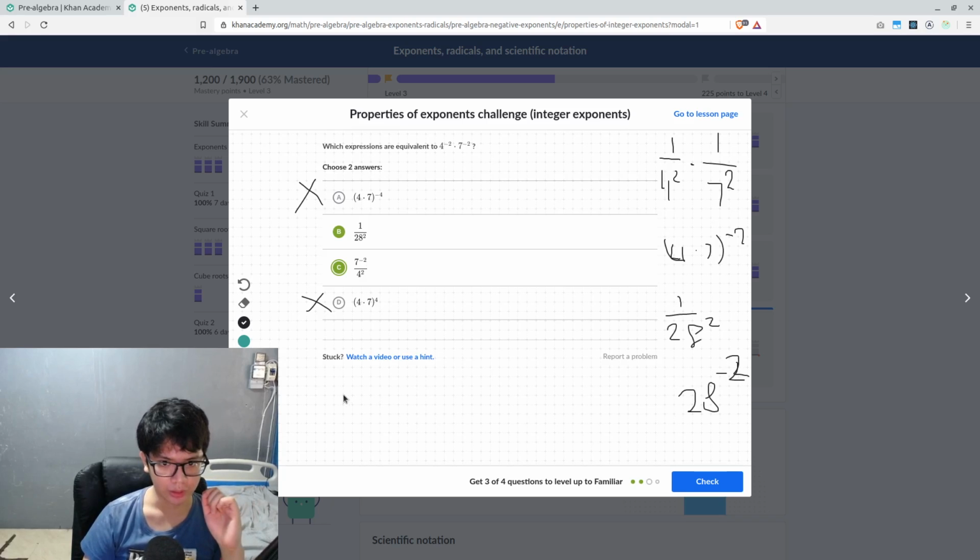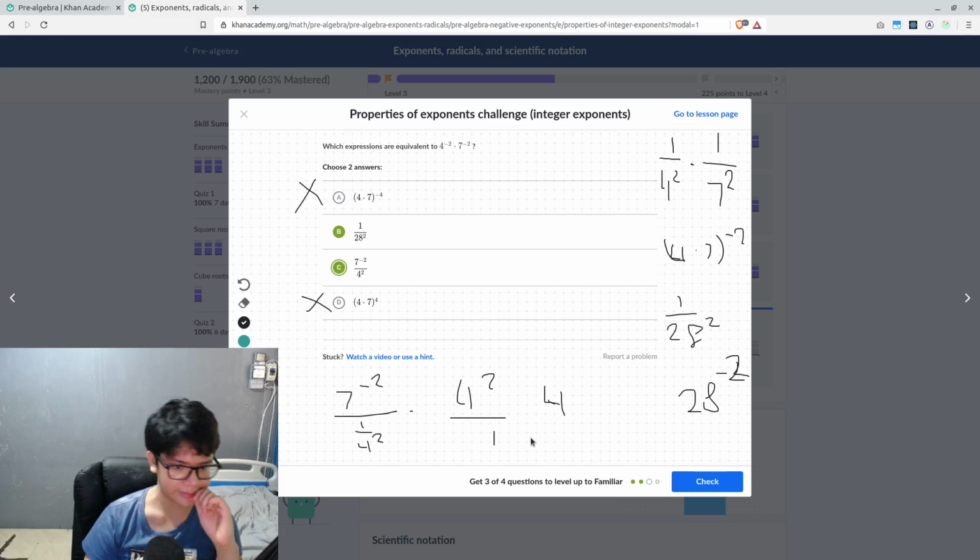Okay, so we could say 7 negative 2 over 1 over 4 raised to 2, and we get 4 possible 1, 4. This is shaping all of that.